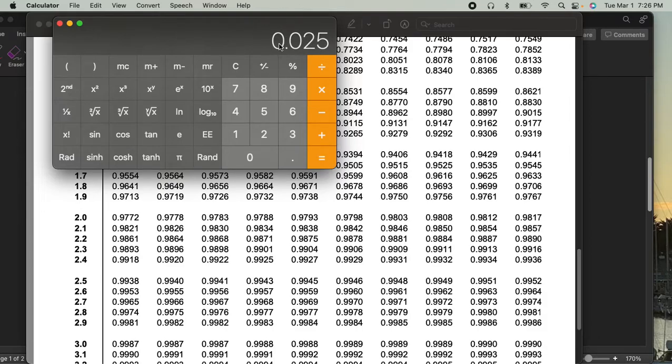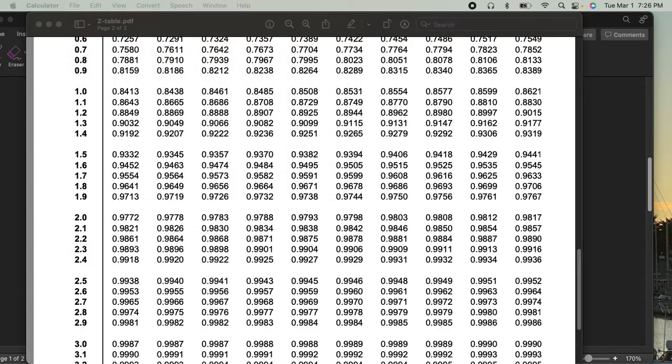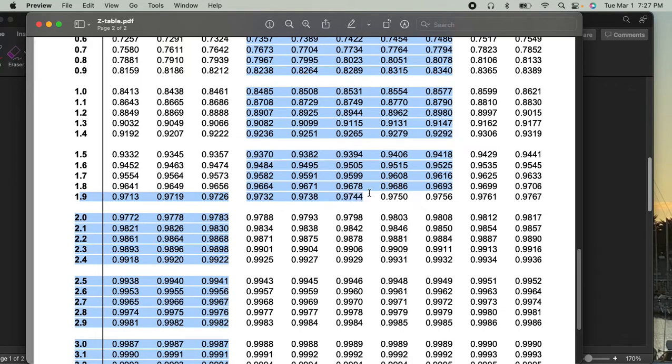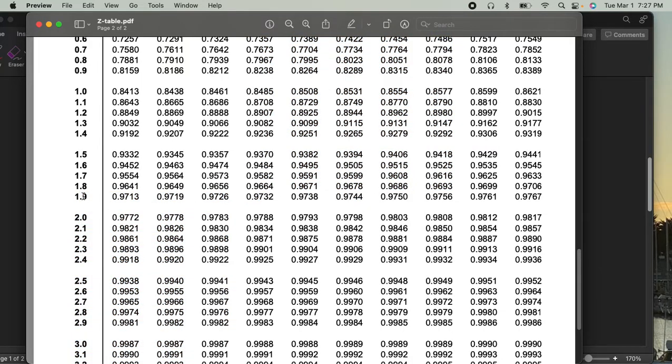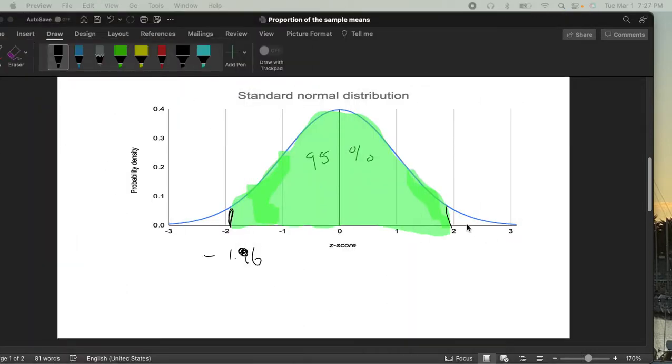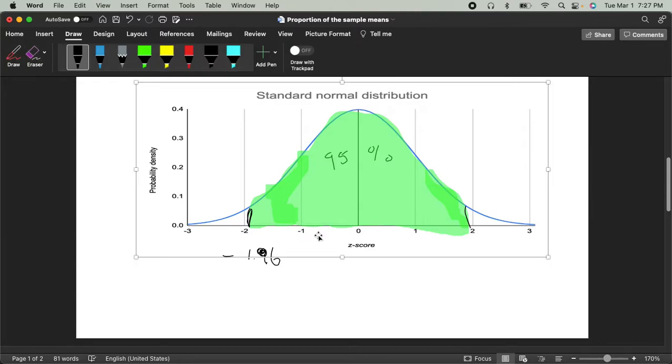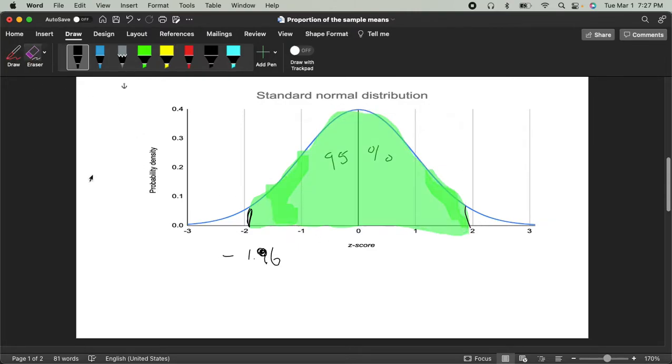So we need to find 0.975 to the left. You will go here, and again it is right over here, which is 1.96. That's how we get the 1.96 here, but we already knew that because we know it's symmetrical. If you find one side, you are definitely also finding the other side here.